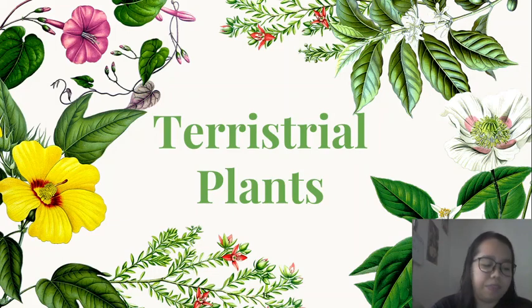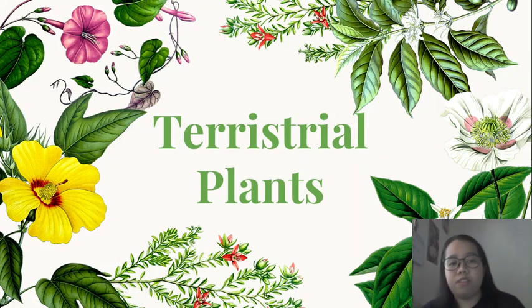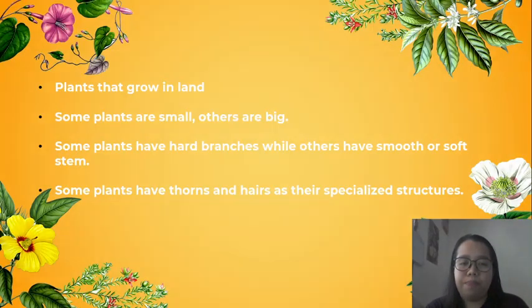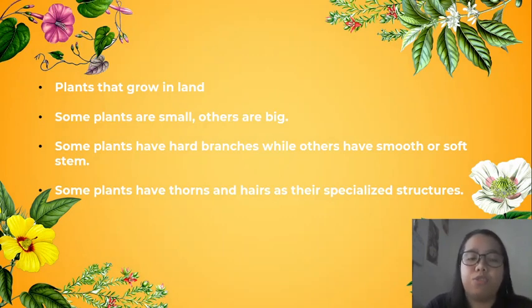Yes. And now, let's discuss what a terrestrial plant is. Terrestrial plants are plants that grow only on land, and some plants are small, others are big. Some plants have hard branches while others have smooth or soft stems.